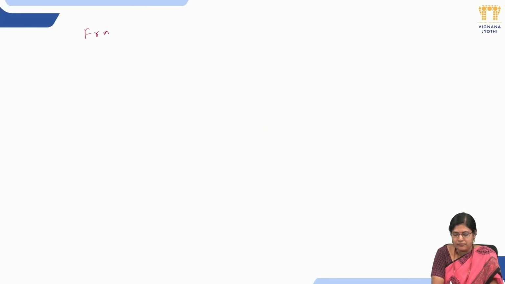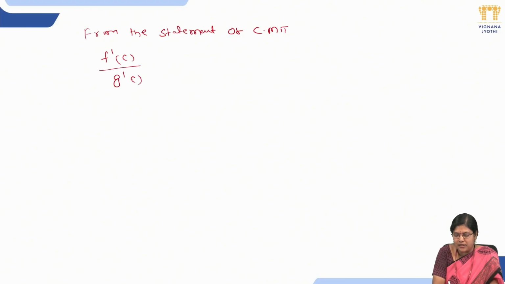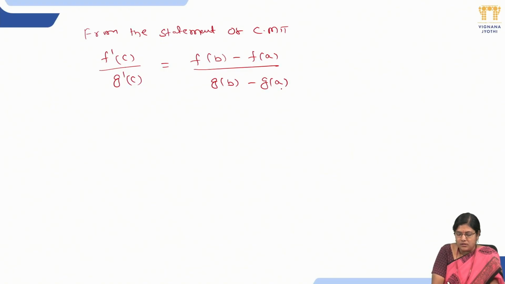From the statement of Cauchy's mean value theorem, we have f dash c by g dash c equal to (f of b minus f of a) by (g of b minus g of a). Here f of x is equal to x square and g of x is equal to x cube.